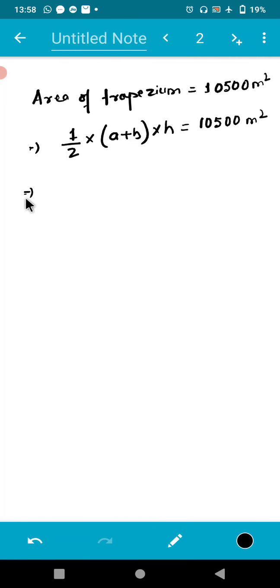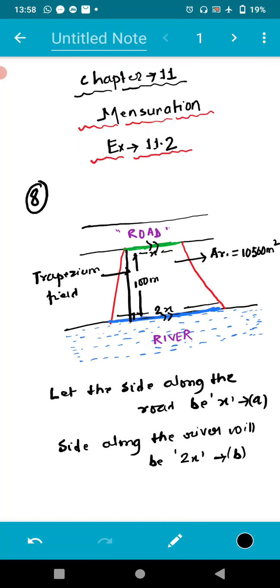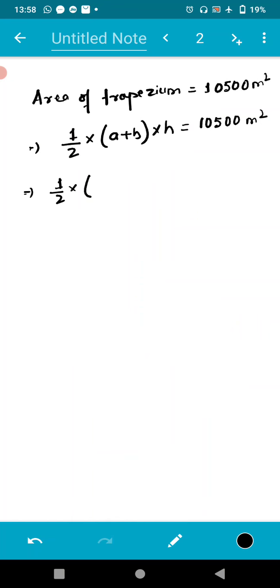Now we will substitute the values. The side along the road we have considered as A, and the side along the river as 2x, which is B. In place of A we will write x, plus sign, in place of B we will write 2x, into 100, which is the perpendicular distance between the two parallel sides. This would be equal to 10500 meter square.